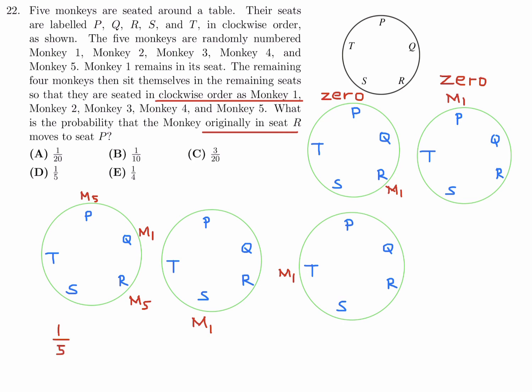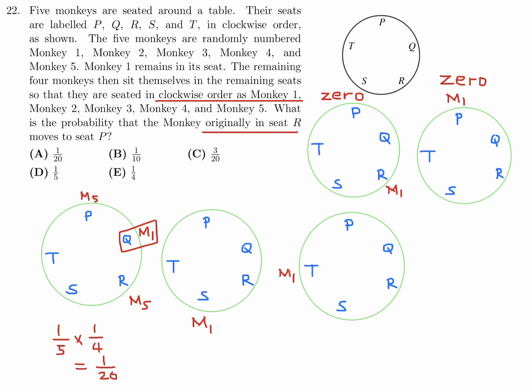That's the probability of monkey 1 being placed in seat Q. Then, in addition to that, monkey 5 has to have been placed in R. But be careful, Q is fixed, so now monkey 5 has to choose between the remaining 4 seats. The probability of putting monkey 5 in R, one of those 4 seats, is 1 over 4. So that probability is 1 over 20.